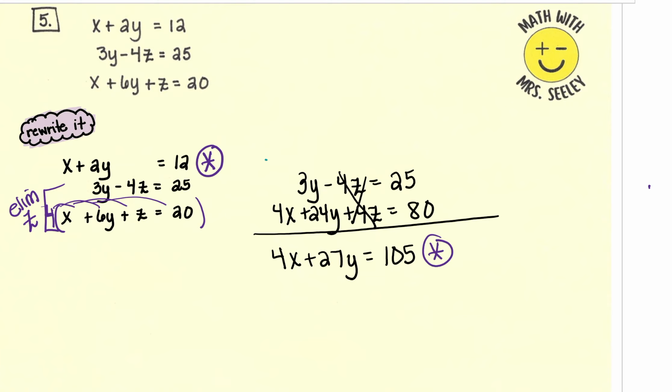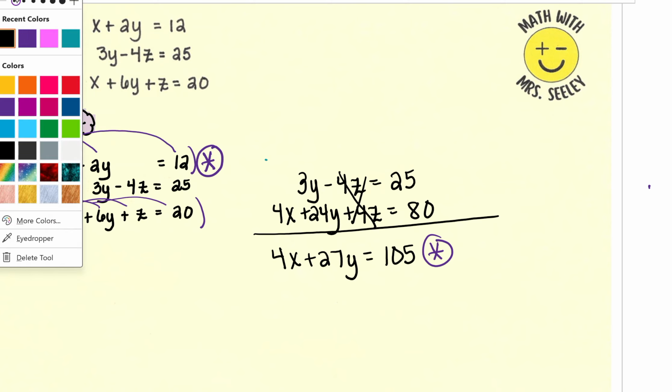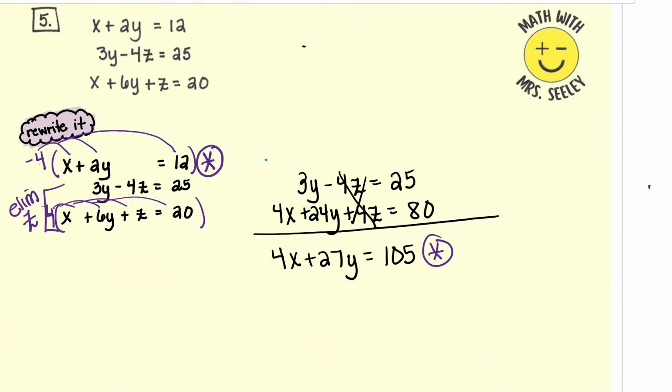So now what I'm going to do is take my two star equations and put those together. I think that I will probably eliminate my x's. So if this is a positive 4, then I will need to multiply this star equation by a negative 4 so that it will cancel. So negative 4 will go to each of those, and I will have negative 4 times x is negative 4x. Negative 4 times 2 is negative 8.